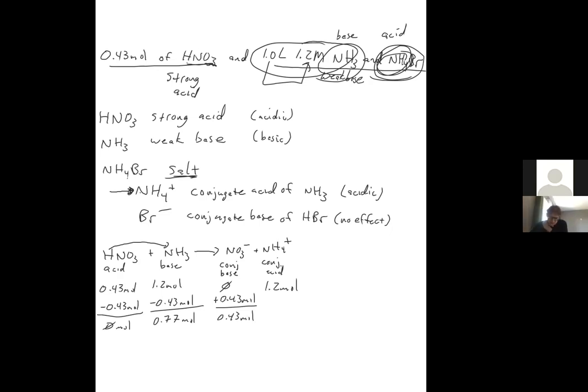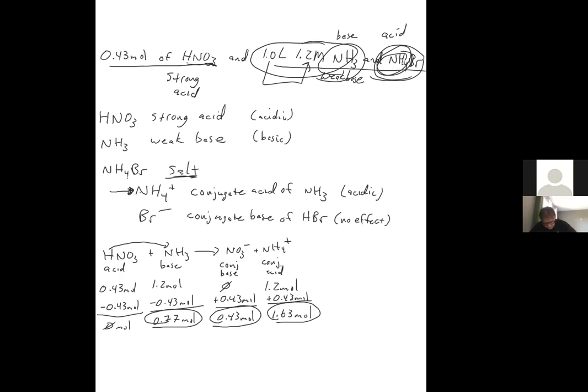This one didn't start at 0, though. It started at 1.2, so it also goes up by 0.43. So you get 1.63. So notice we have 3 different things in here at the end, and that's not even including the Br minus. The Br minus was also in there, right? Okay. So now let's figure out what we've got.